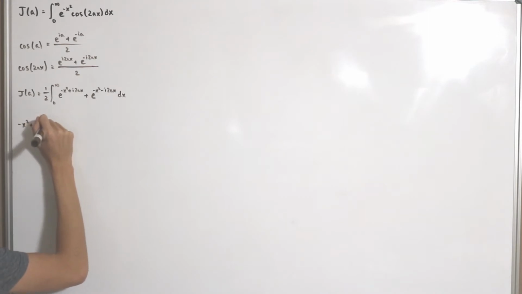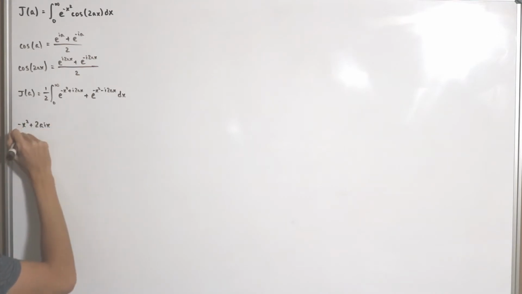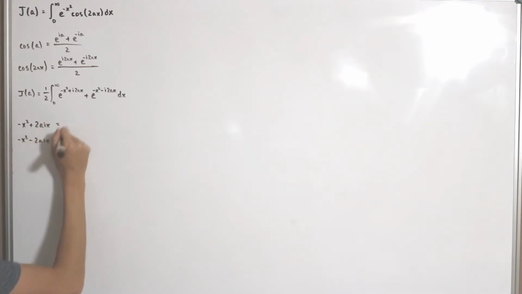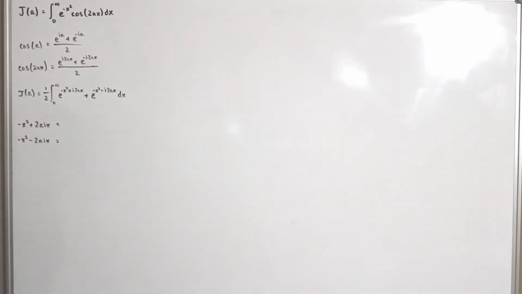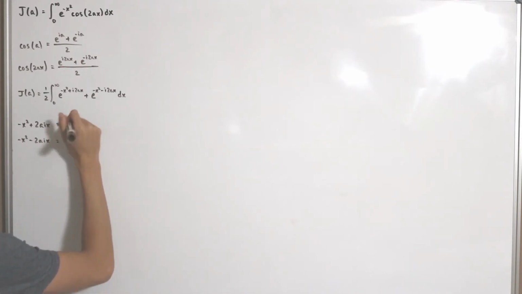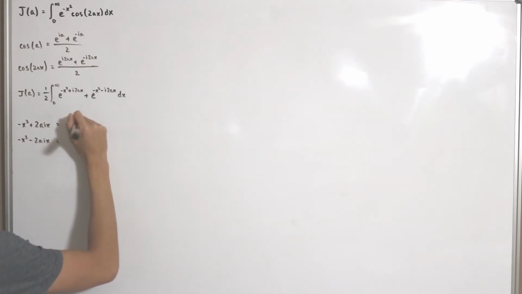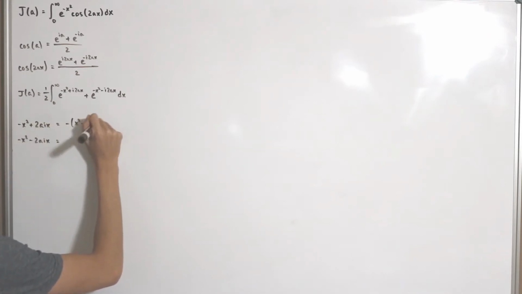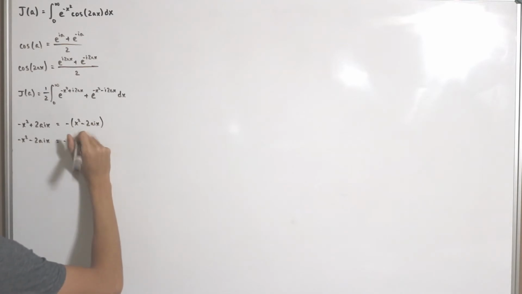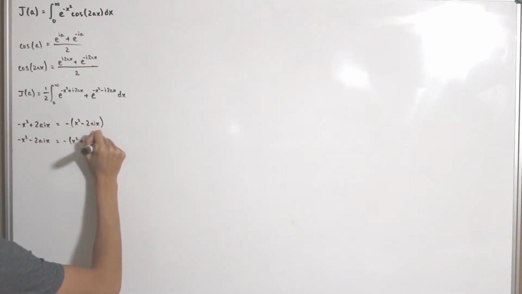So instead I have 2aix and then negative x squared minus 2aix. Okay, now let me factor out the negative. So we have negative x squared minus 2aix, and then negative x squared plus 2aix.